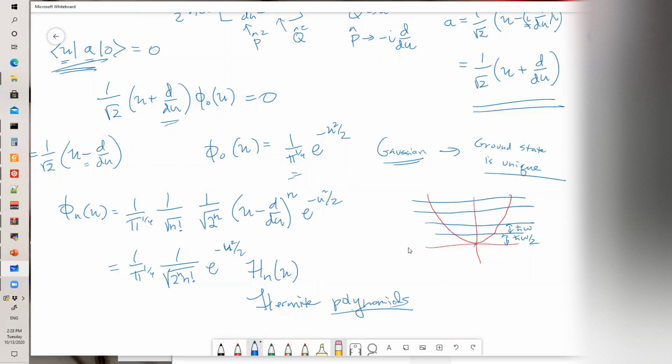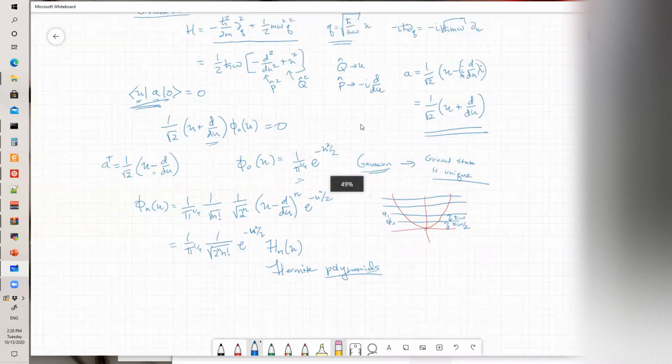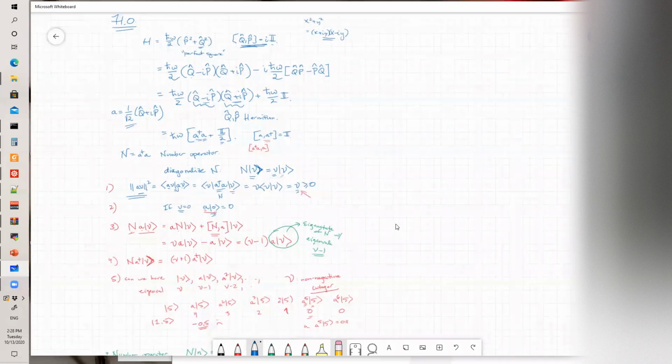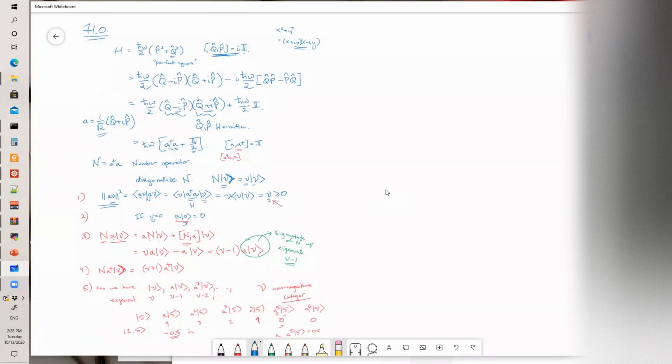And these have wave functions phi 0, phi 1, and so on. We got all that structure just from our understanding of operators and commutation relations. Kind of amazing. So I guess next time we'll do a little more with this, but yeah, that's basically the harmonic oscillator.